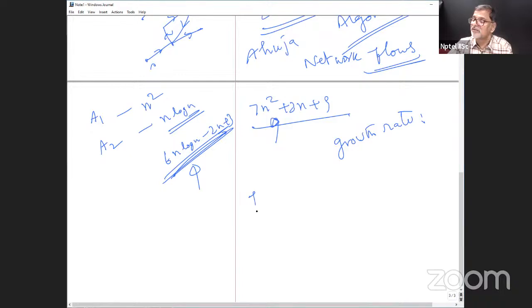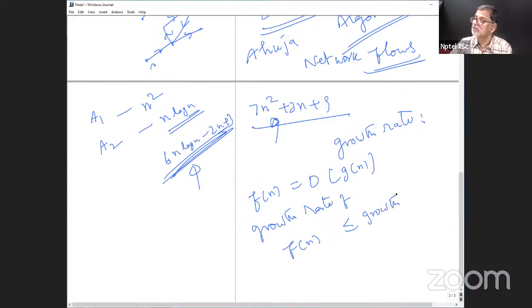So if f of n is big O of g of n, then growth rate of f of n is less than or equal to growth rate of g of n.